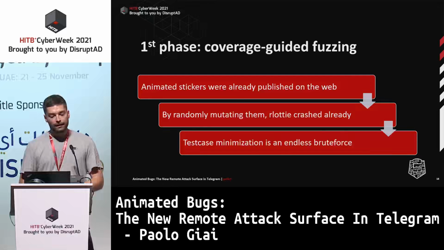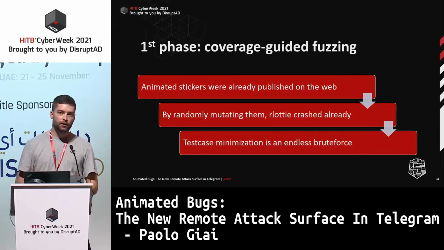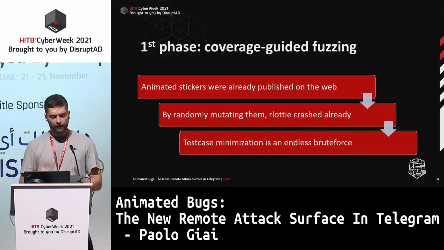I didn't try to minimize them, because as you can imagine, since they included this much data and they had to respect first the JSON specification, then the Lottie specification, it wasn't really simple to do.